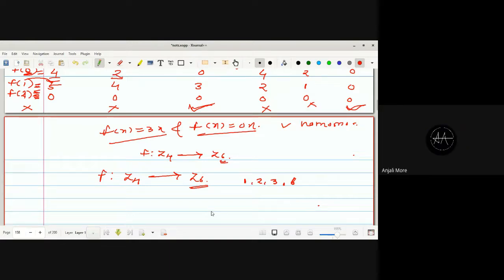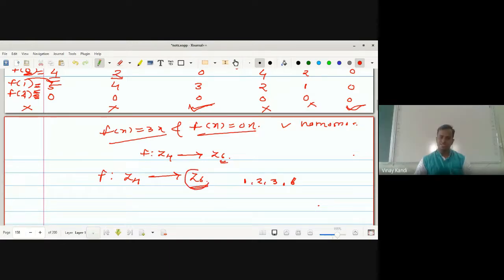These are the possibilities. Is there an element of order 1? The formula gives 0. Hence f of x is equal to 0x.